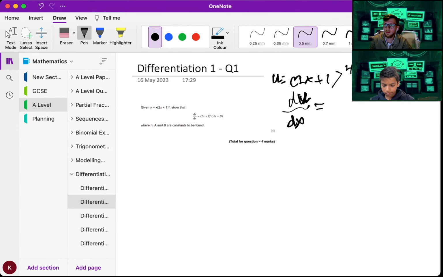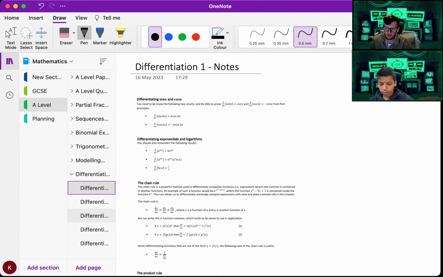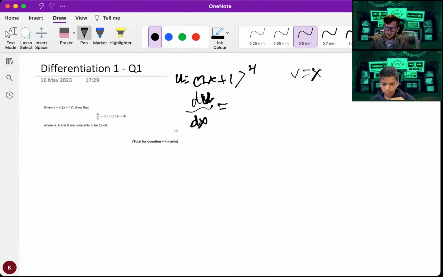If we remember the chain rule, dy/dx is dy/du times du/dx. So if we apply that here, let's say k is 2x plus 1, because then u is k to the 4.